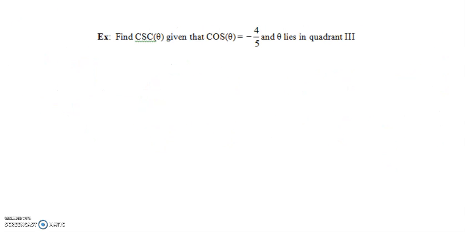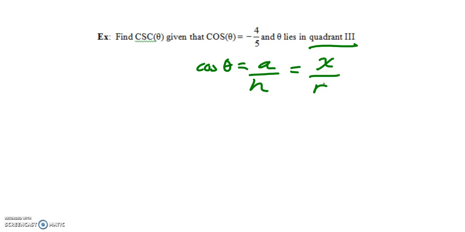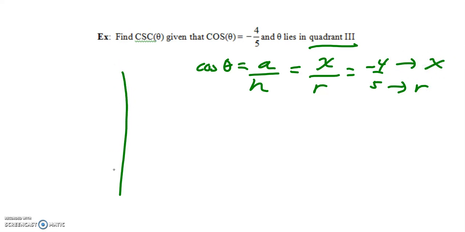So the next example, find the cosecant given that cosine equals negative 4/5 and lies in quadrant 3. Well, cosine to me is again adjacent over hypotenuse, or as we've been saying, an x value over a radius. So if I see that cosine is equal to negative 4 over 5, that means that my radius is 5 and my x value is negative 4.